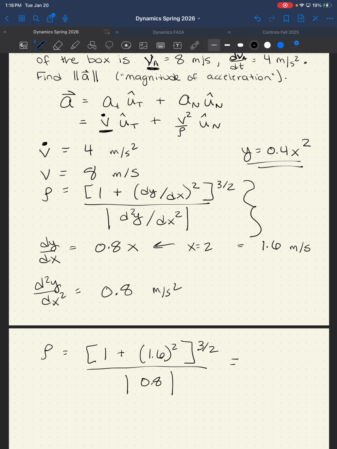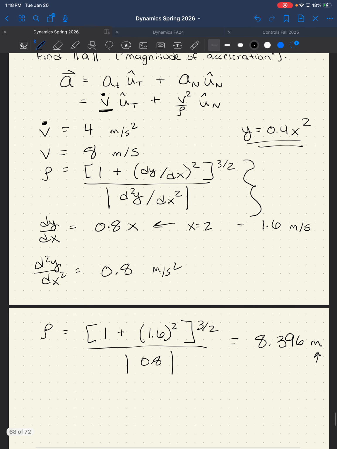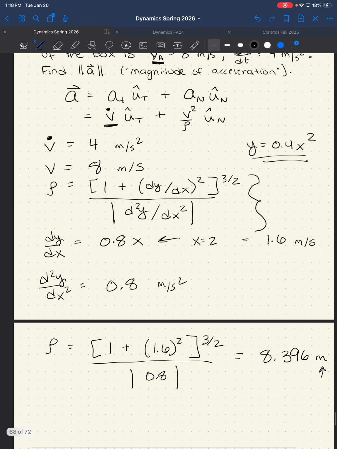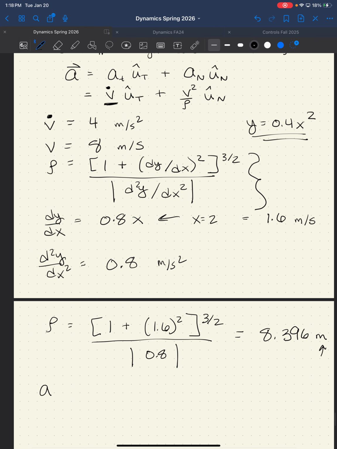I want you to find the acceleration vector at C if the time it takes to get from A to C is 15 seconds. Okay, so I've already given you the one hint that this section is a straight line. And this section from B to C, that's a circle.